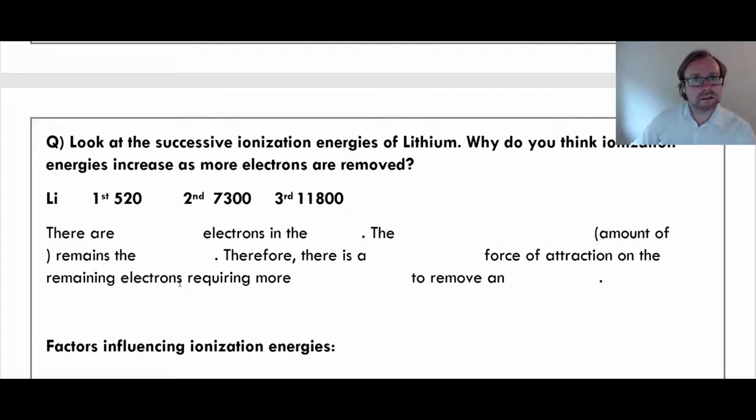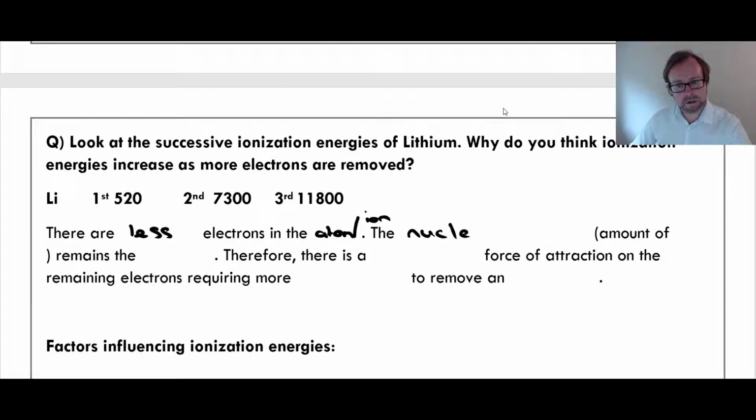So why does the ionization energy continually go up? Have a look and see if you can figure out what the missing words are, and we'll go through it in a second. Okay, so the way we would explain this is that as ionization energies increase, there are less electrons in the atom or ion.